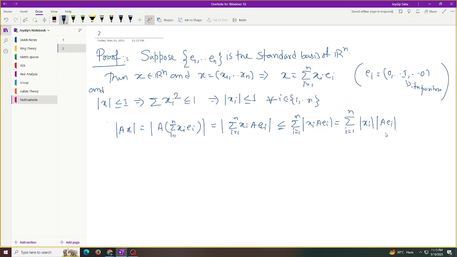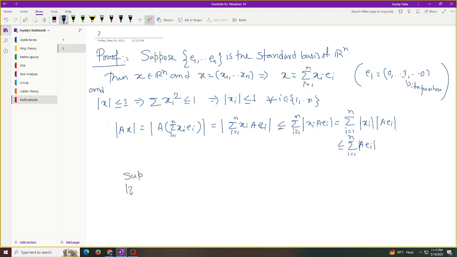Now, what is A ei? Now apply this. Let lambda equal to, or I should take a supremum.